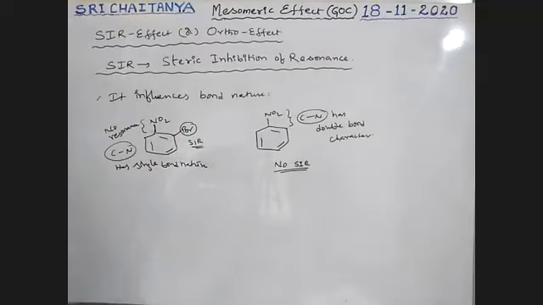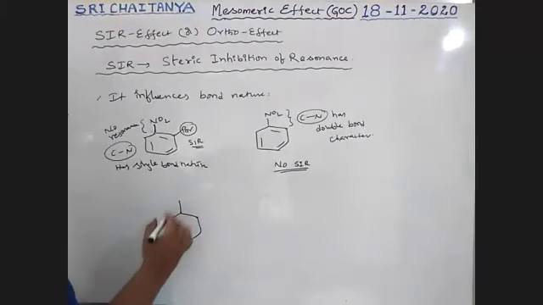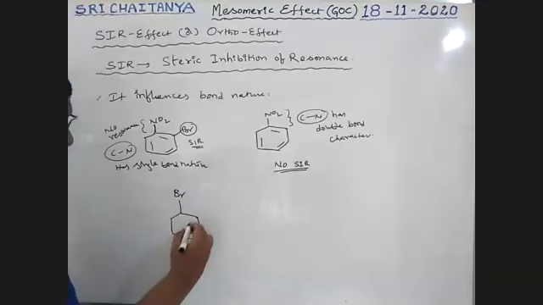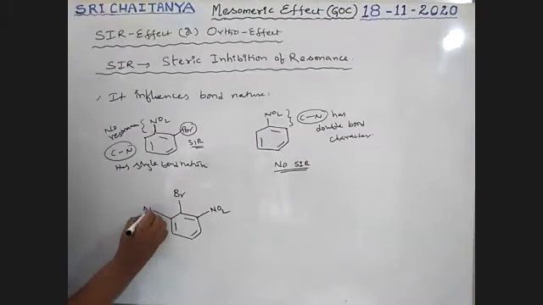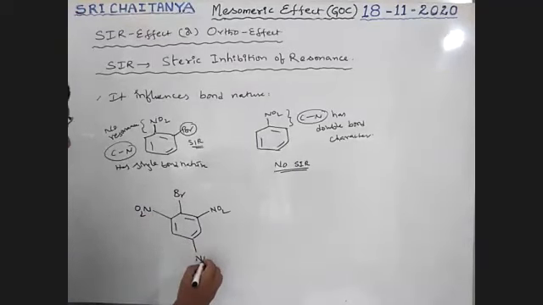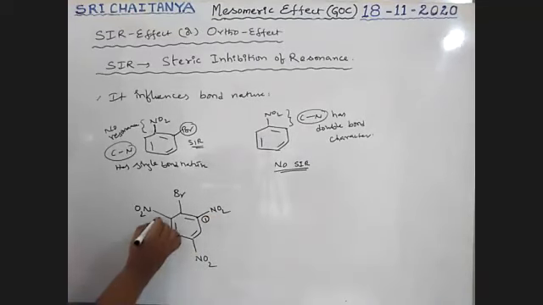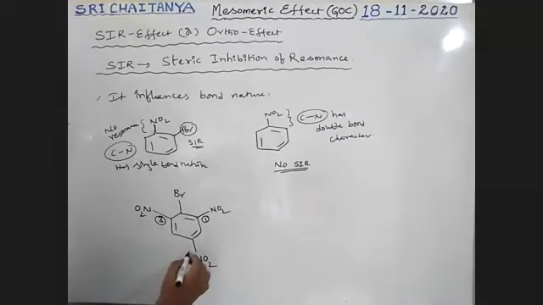See here, boys, one more example. This is Br, and these are NO2 groups. I am taking this as the first bond, this as the third bond, and this as the fifth bond, on the first, second, third, fourth, fifth carbons.